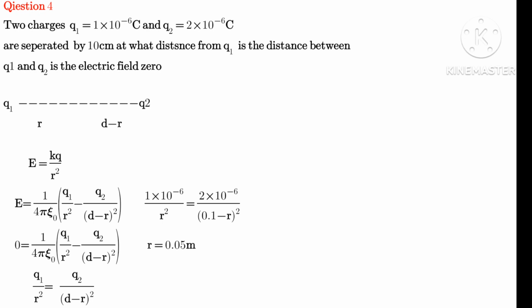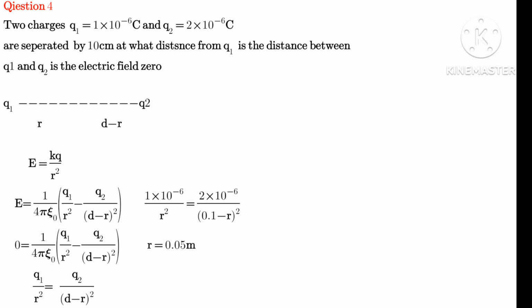We have question number 4, and we have two different charges, Q1 and Q2, separated by a distance of 10 centimeter, and we are asked to find the distance from Q1 if the electric field equals 0.